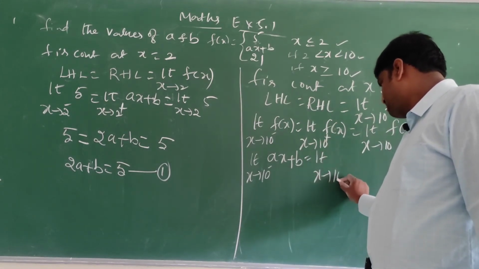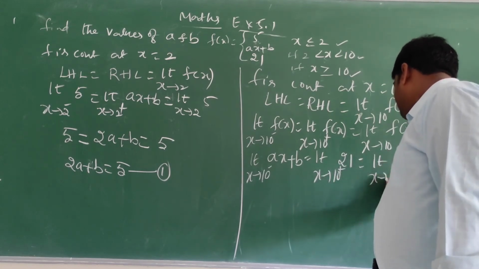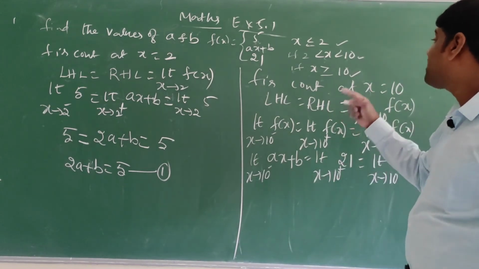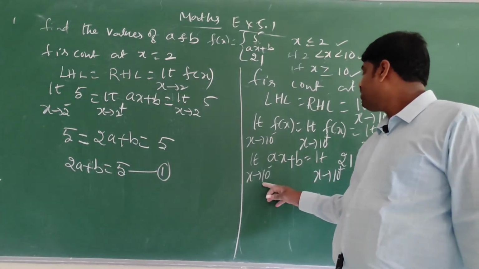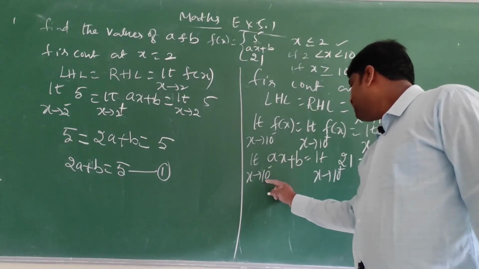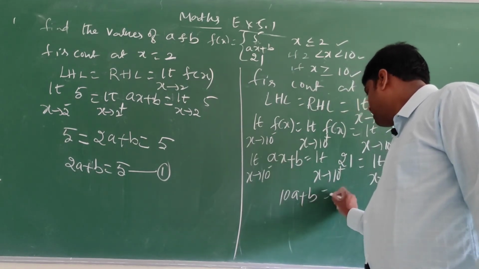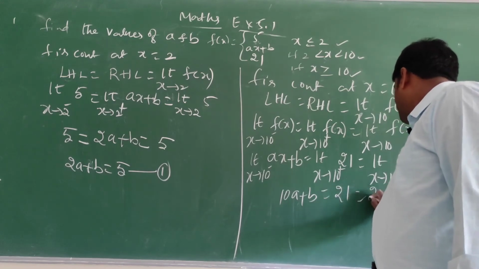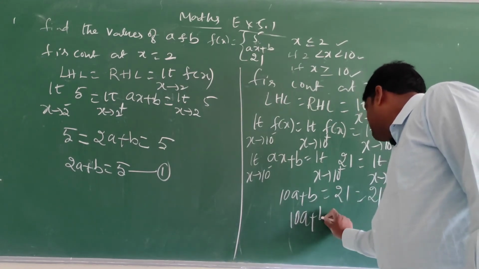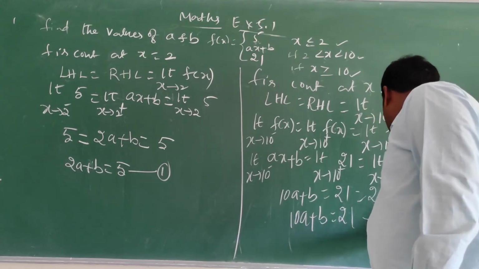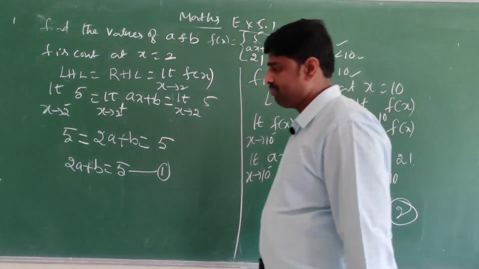Limit x tends to 10 plus 21 equals limit x tends to 10 of f of x, which is 21 only. Substitute the value, x value is 10. 10a plus b equals 21. This is equation number 2.